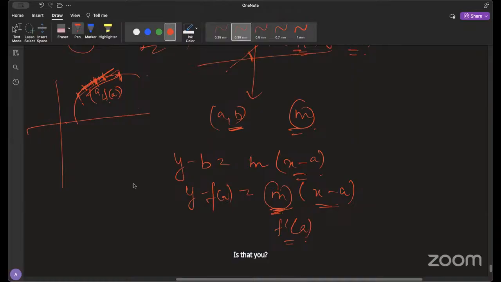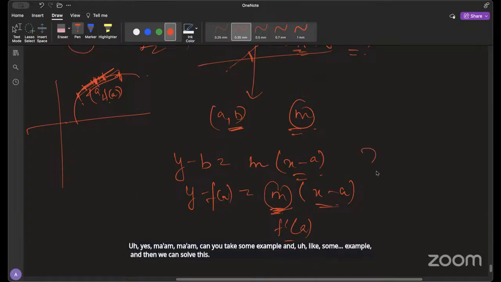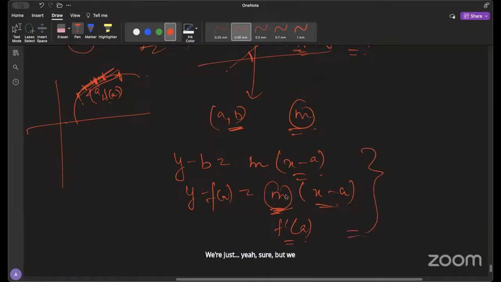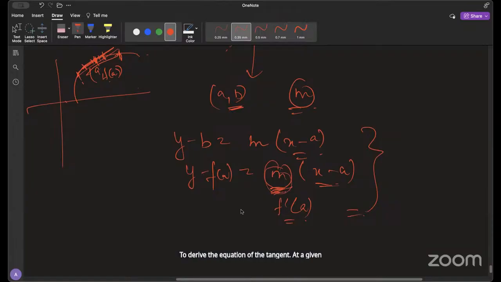Yes, ma'am. Ma'am, can you take some example and then we can solve this? Yeah, sure. But we're just trying to find what this thing is to derive the equation of the tangent at a given point. It's basically y minus f(a) equals the slope, which is f'(a), times x minus a.